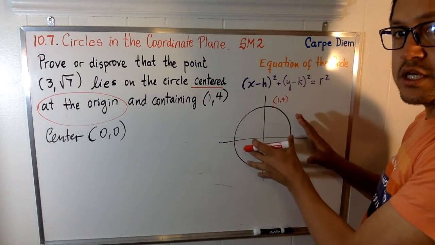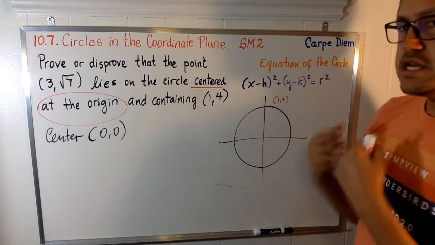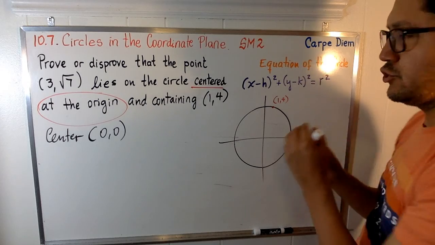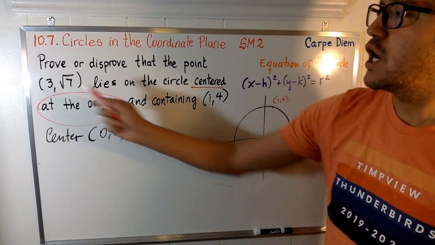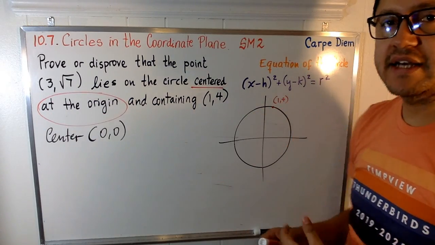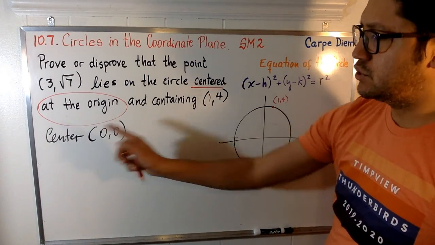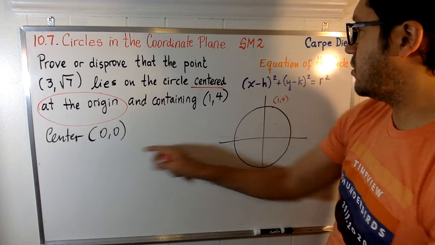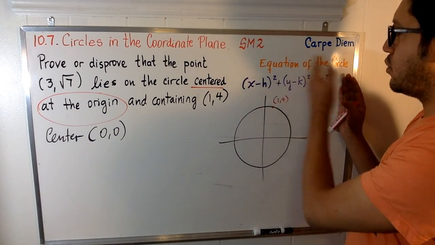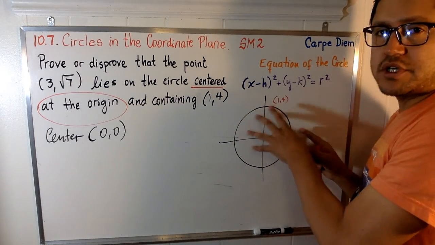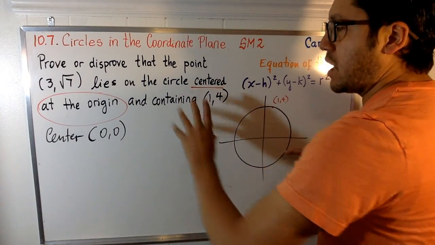And this circle in particular we need to identify its equation so that it will help us confirm whether this point lies on the circle or not. With this in mind, the center is located at (0, 0), and this is the standard equation of a circle. Now let's find out the equation of this particular circle.